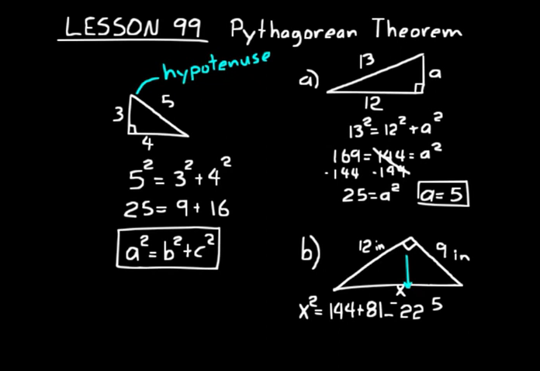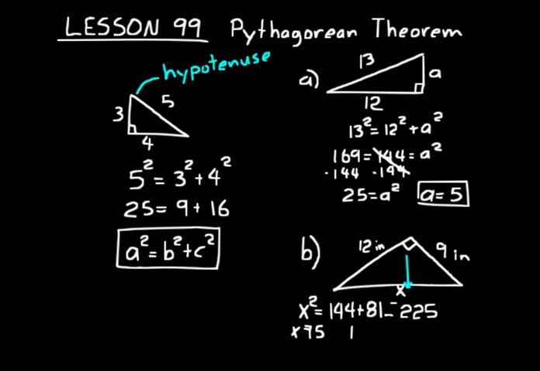Now, all these problems you're going to be doing right now with the Pythagorean theorem, there will always be two integer values or whole number values that you can multiply together that will give you your unknown. It won't be some weird decimal numbers. So think of two numbers multiplied together that would give you 225. 15 times 15 equals 225. So x equals 15. Now we can go ahead and find our perimeter.